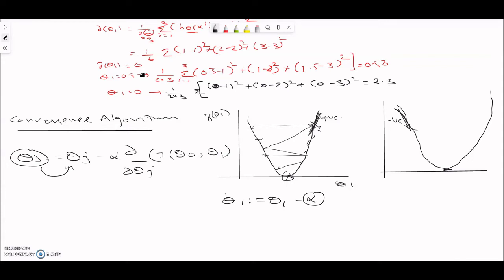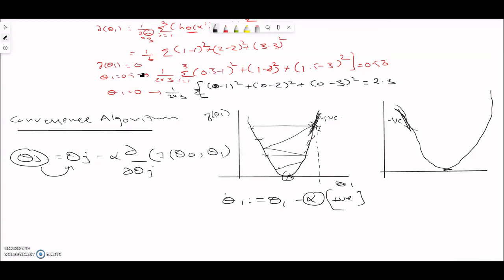So the learning rate should be such that it comes to the global minimum point. There we also need to use some set of algorithms. For now, let's look at this equation: minus alpha into the slope. Here I have a positive slope.